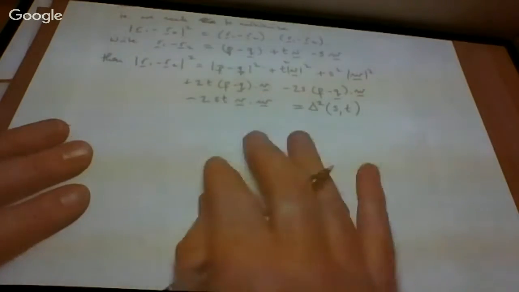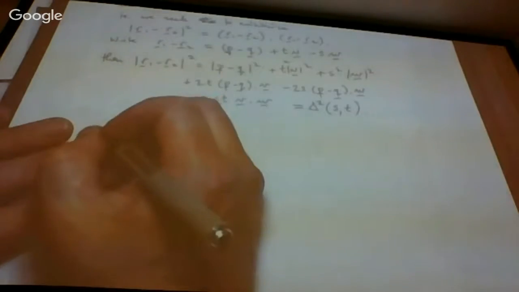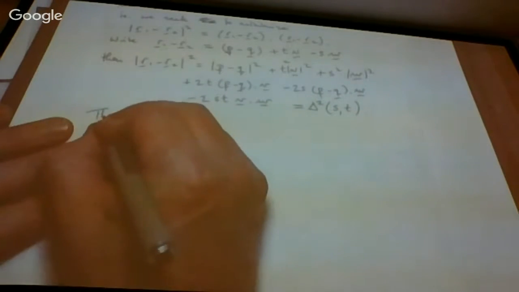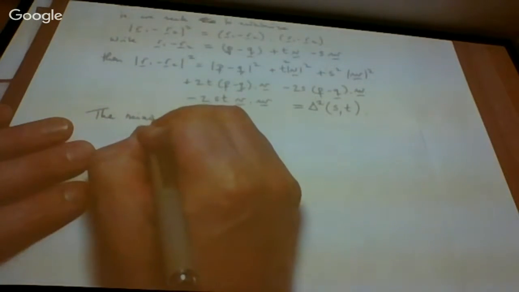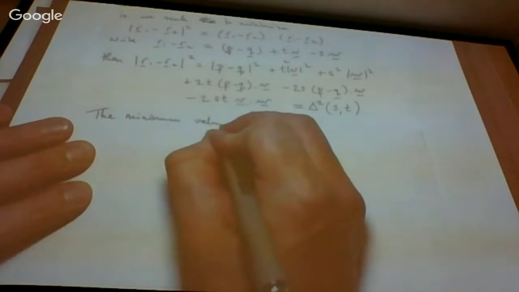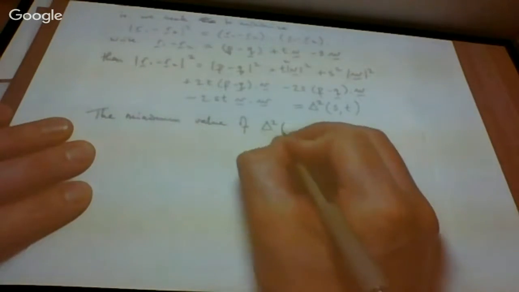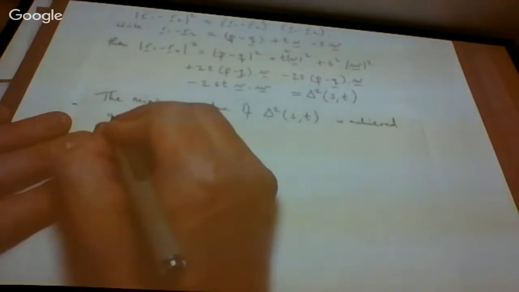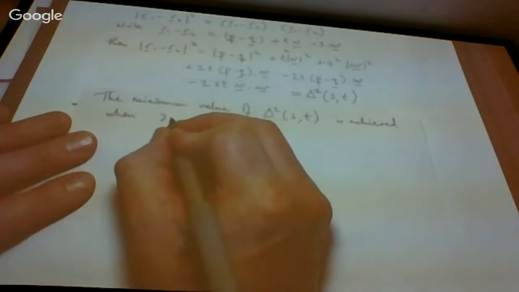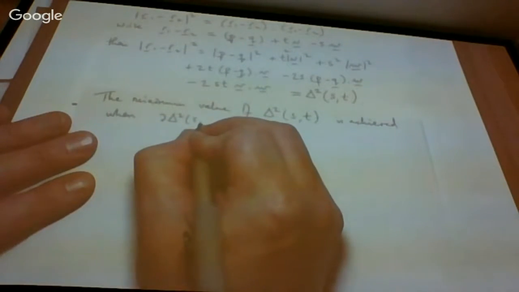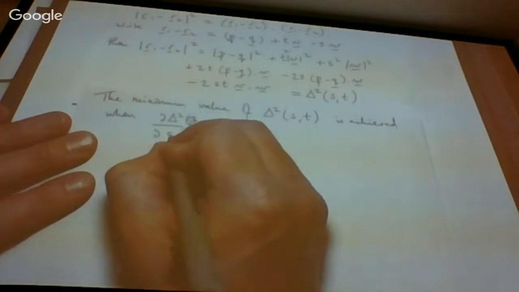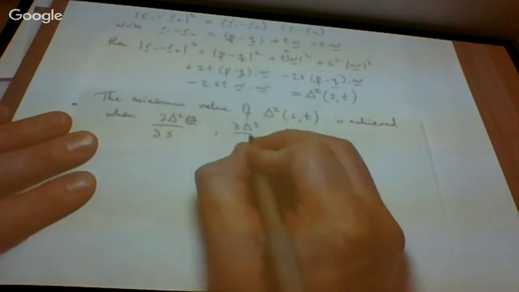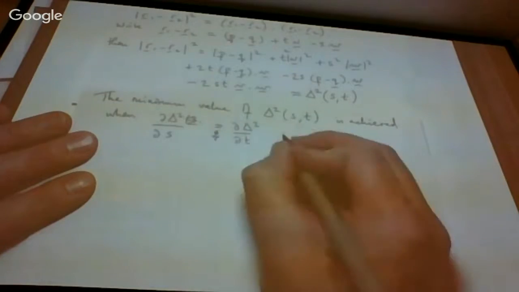But for now, we'll take a bit of that theory to say that the minimum value of this function, delta squared of s and t, is achieved when the two partial derivatives, d delta squared ds and d delta squared dt, are both equal to 0.